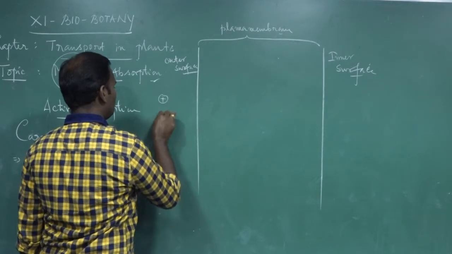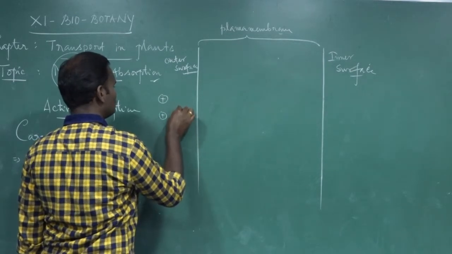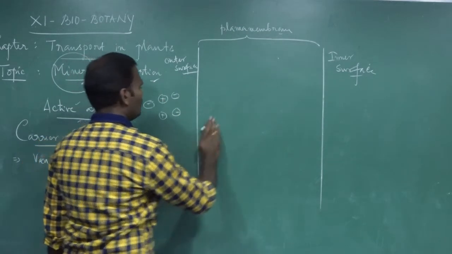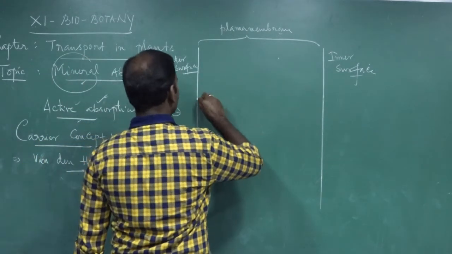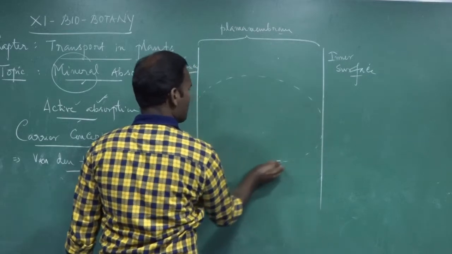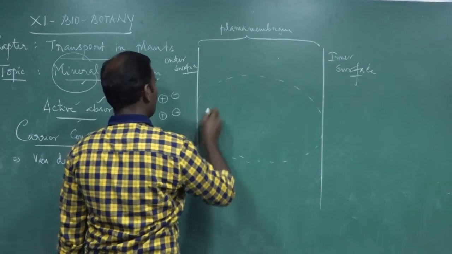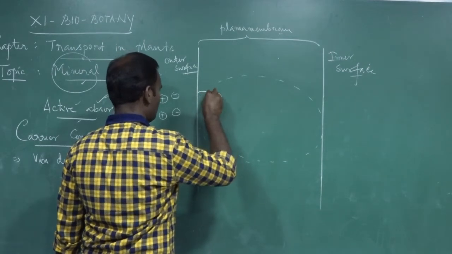There are cations and anions. So there are membrane proteins. This is a membrane protein.